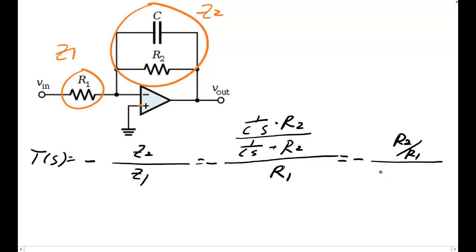If we further simplify, we get this. And this is the transfer function.